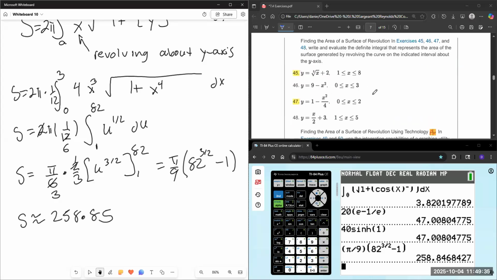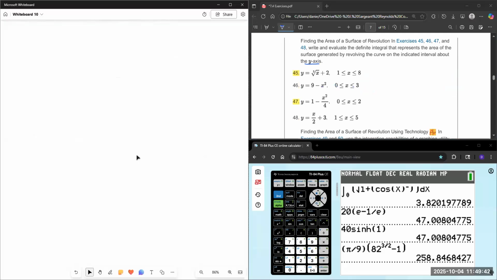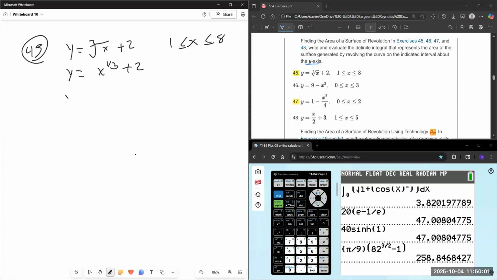And notice now that it says that we're going to revolve around the y-axis. So we're going to have that multiplier of x now. So y is equal to cube root of x plus 2. X is between 1 and 8. So y is x to the 1/3 plus 2. Y prime is 1/3 x to the negative 2/3.